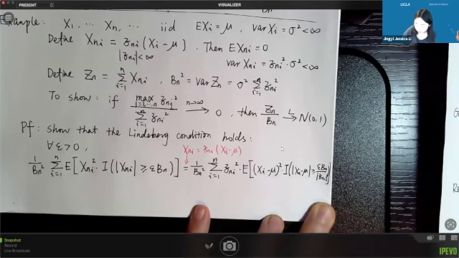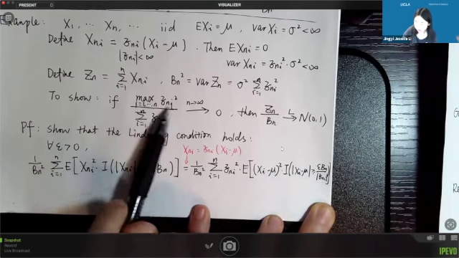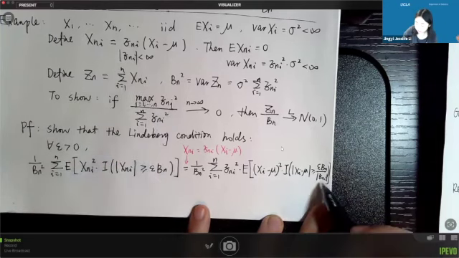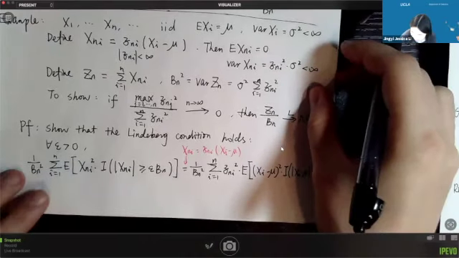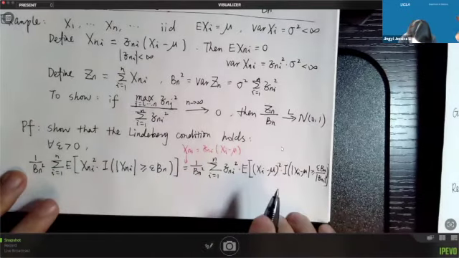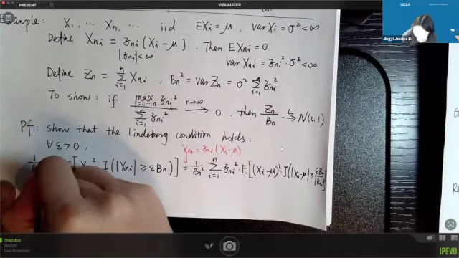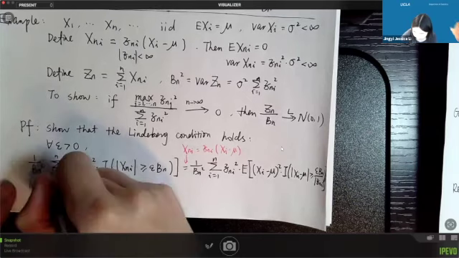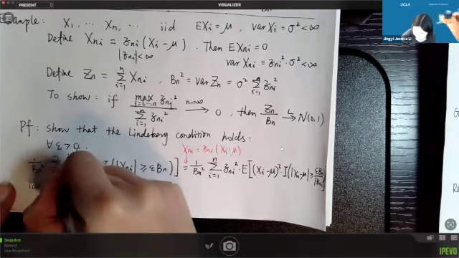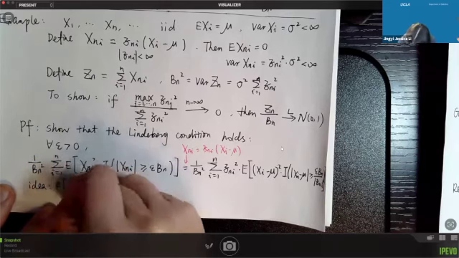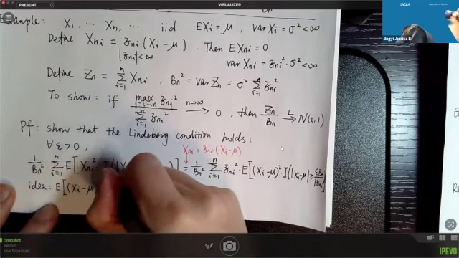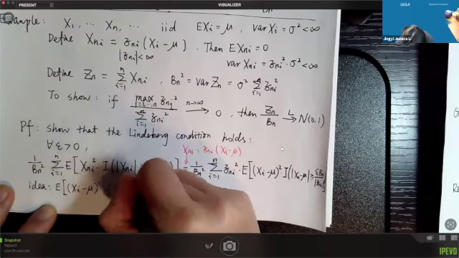I want to make use of this. If I can replace this z_ni by some max, then the max will not depend on i. Then I'm done. Okay, so the key idea is to write the expectation indicator, this term.